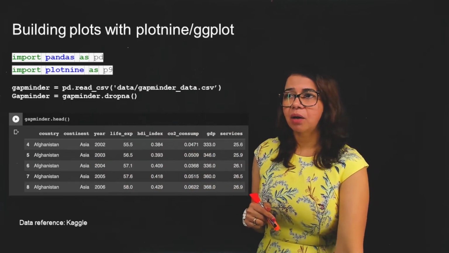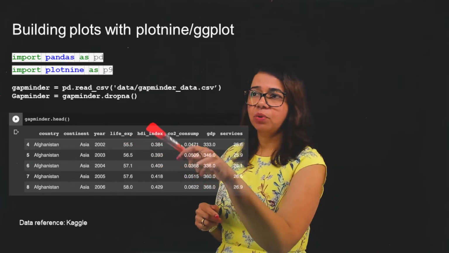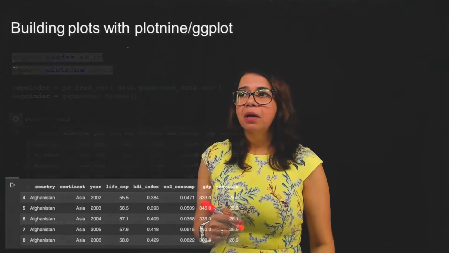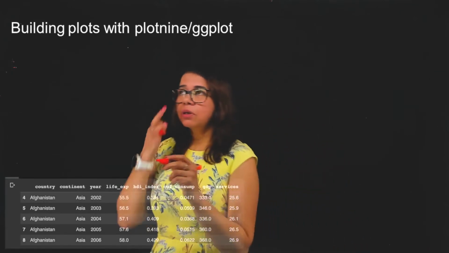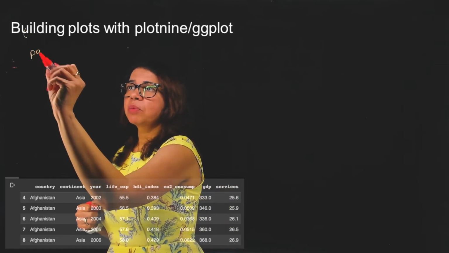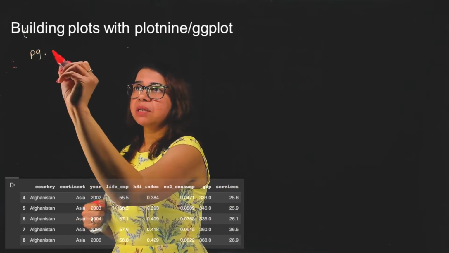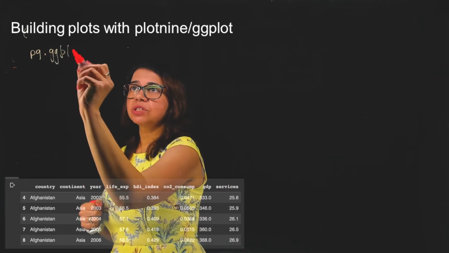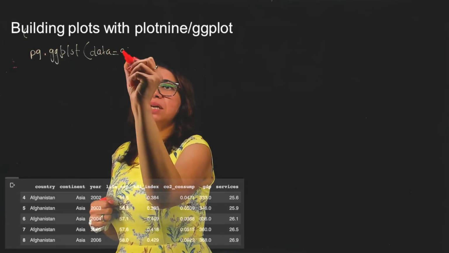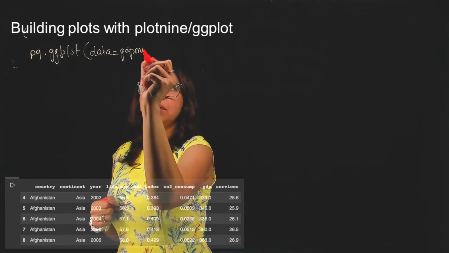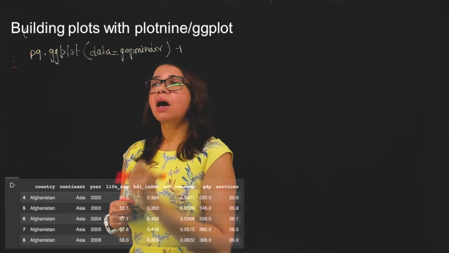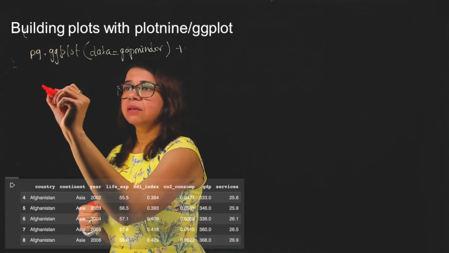Let's see, I want to plot year versus life expectancies from this data. The code to do this plot will be, I'm calling my package name p9, and the function that I will use is ggplot. And here I will describe what my data is. Data is already stored in a data frame called gapminder that you just saw. Next, I will add aesthetic mapping.